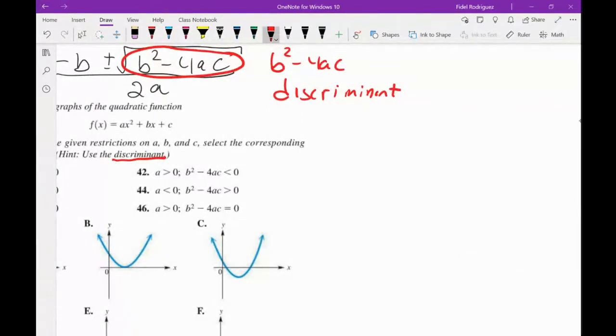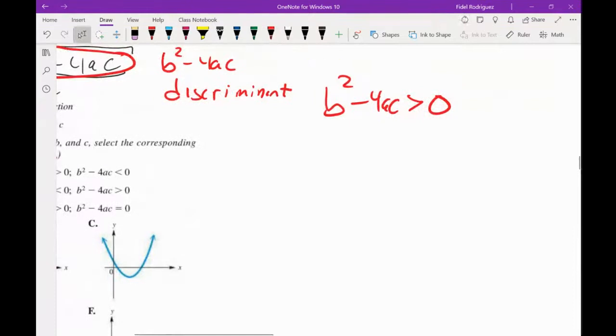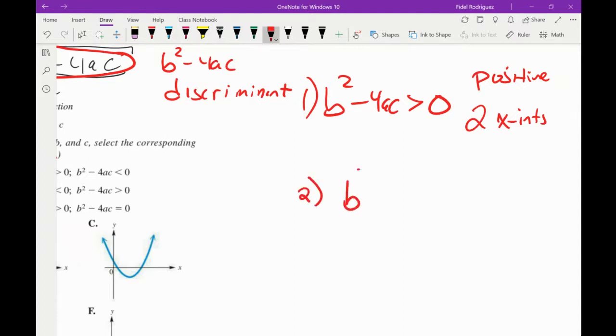We're going to have kind of 3 case scenarios. The first one, b squared minus 4ac, is bigger than 0. All that means is it is a positive answer, okay? Which tells me that we're going to have 2 x-intercepts, okay? So this is case scenario 1. Case scenario 2 is b squared minus 4ac is equal to 0.